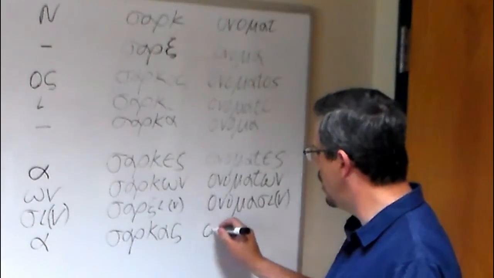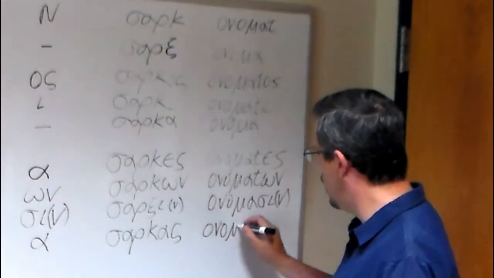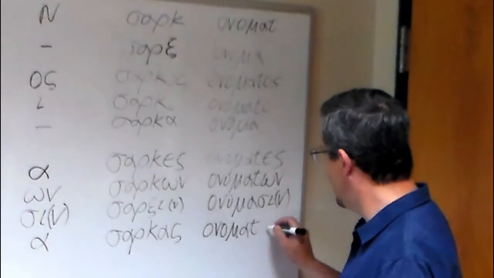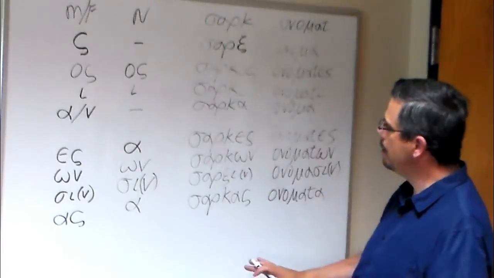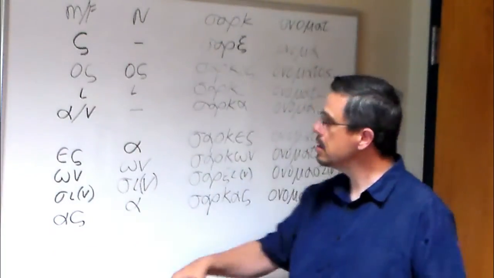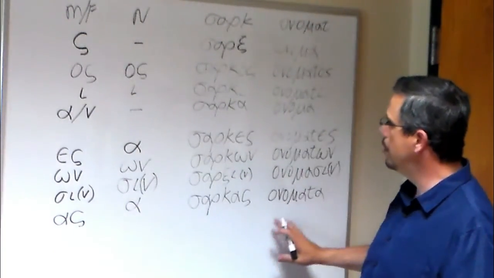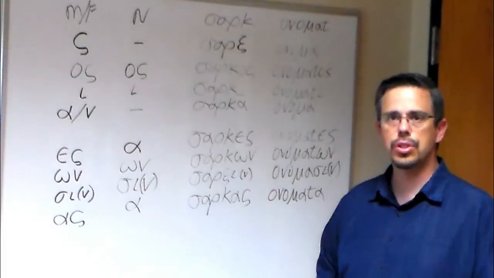Onomasin. Onomata. All right. So this is a feminine following these endings. This is a neuter following these endings. That's third declension.